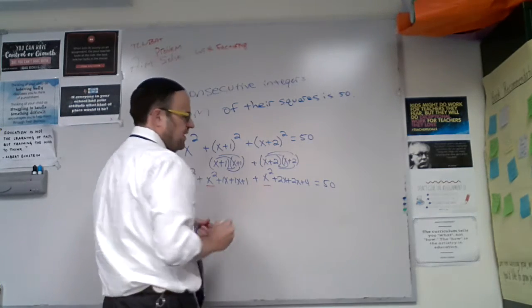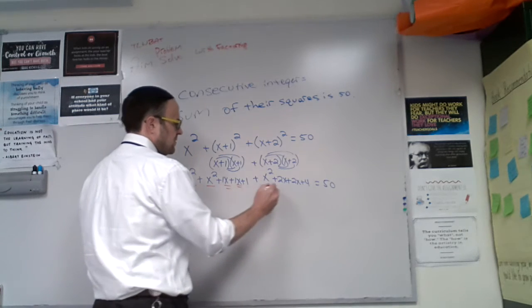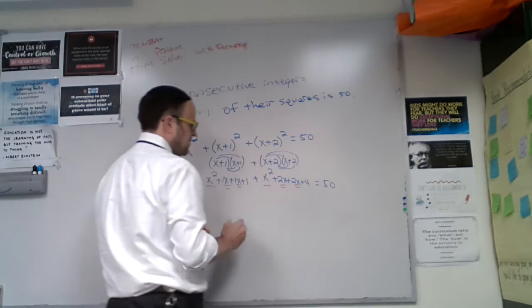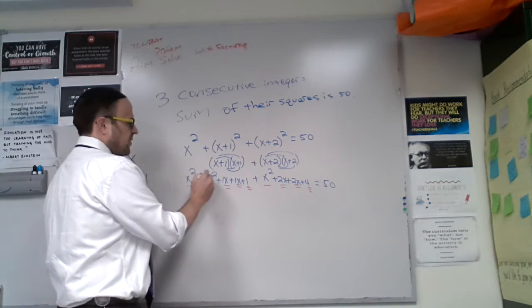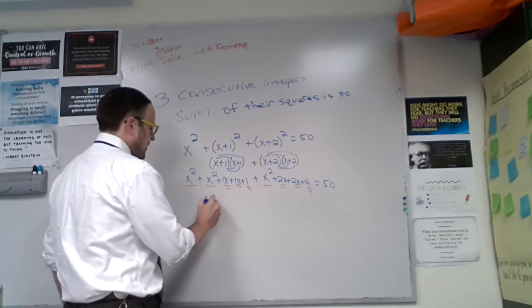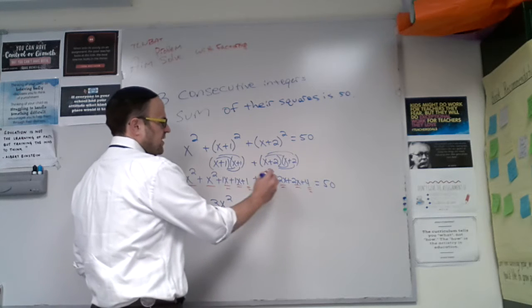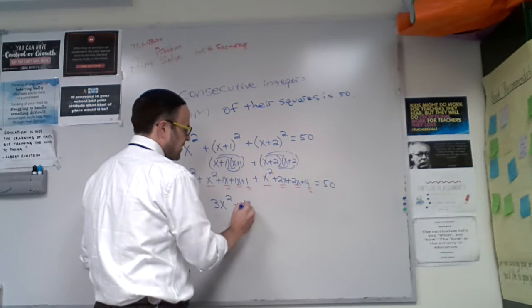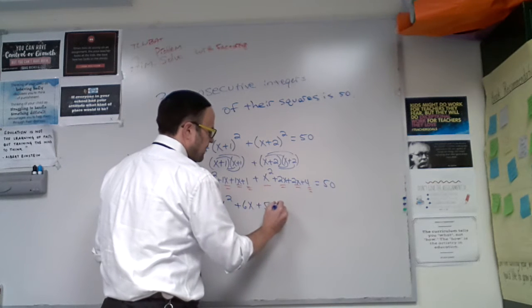Now let's indicate our like terms. x squared plus x squared plus x squared gives me 3x squared. 1x plus 1x plus 2x plus 2x gives me 6x. 1 plus 4 is 5.